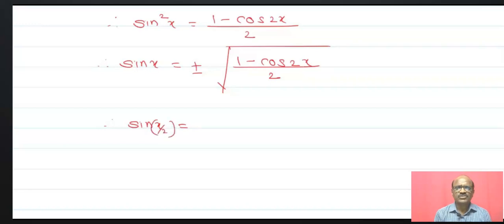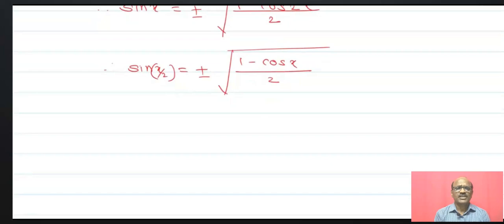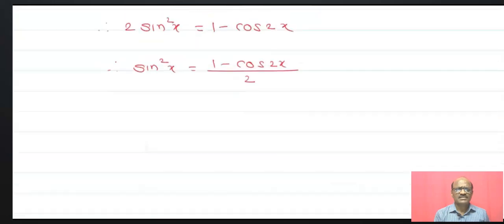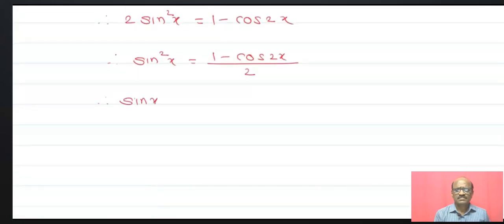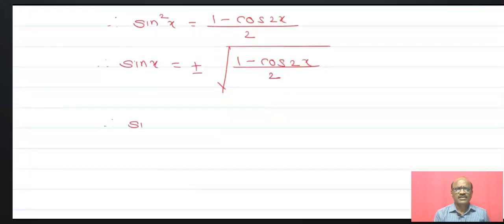Now see this again here. I am repeating: sin x is equal to the root of 1 minus cos of 2x upon 2. Then what is the sine of x by 2?